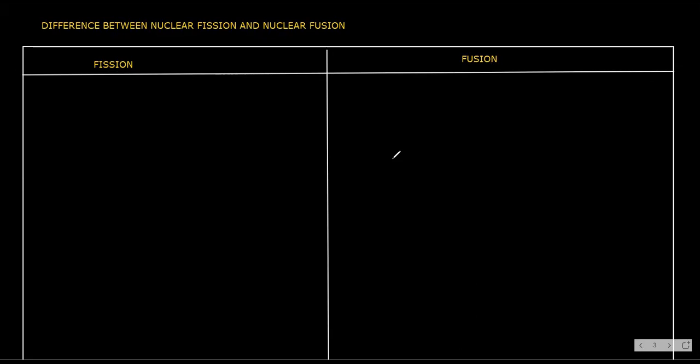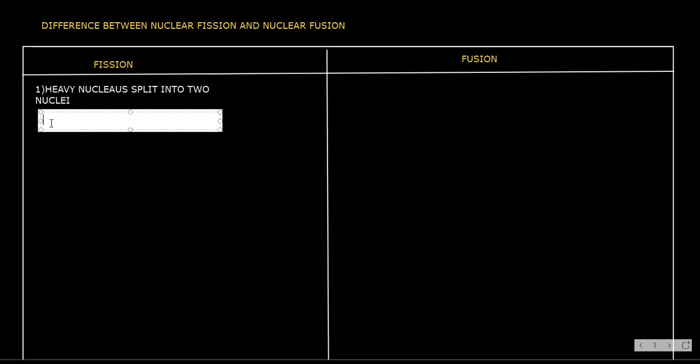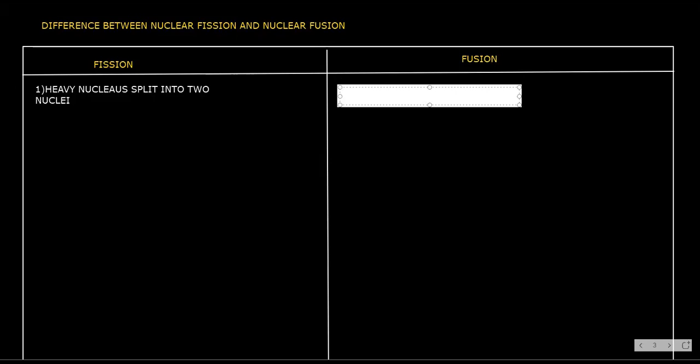So what is the fission process? First point: heavy nucleus splits into two nuclei. Here in fusion, what happens?